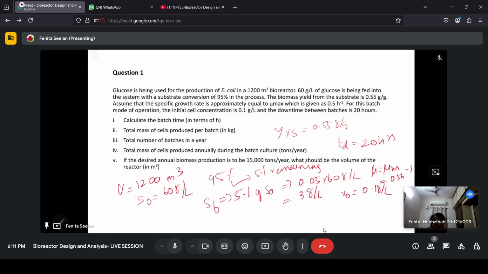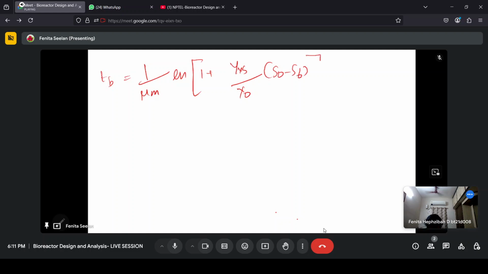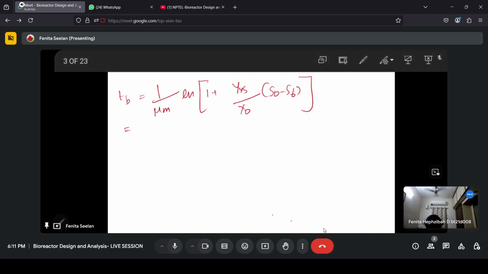So as we discussed in the last class, you would have remembered the batch time formula. So let's start writing the batch time formula: 1 by mu max ln of 1 plus Y X/S by X naught into S naught minus S. So substitute all the values which are known.